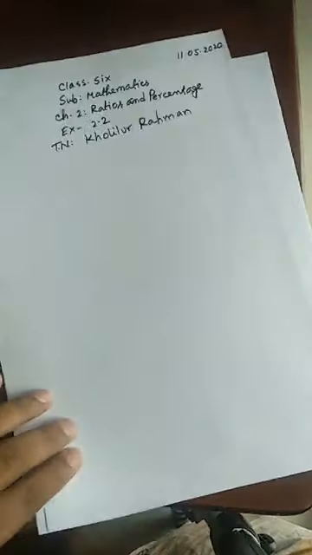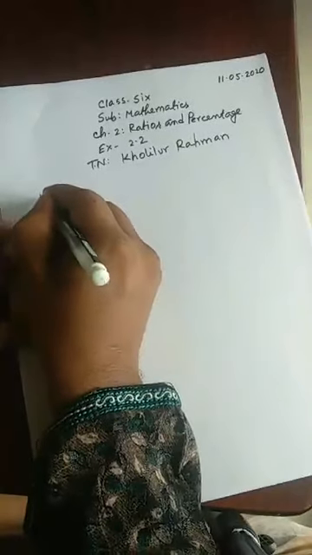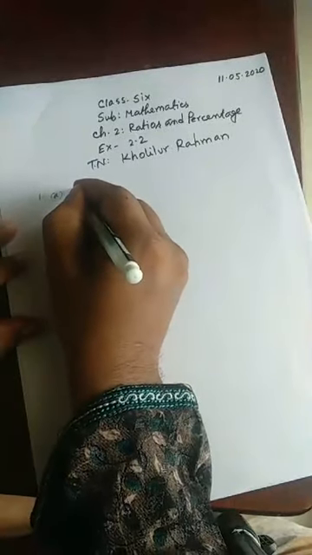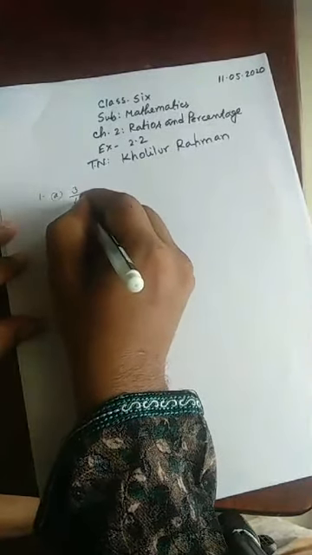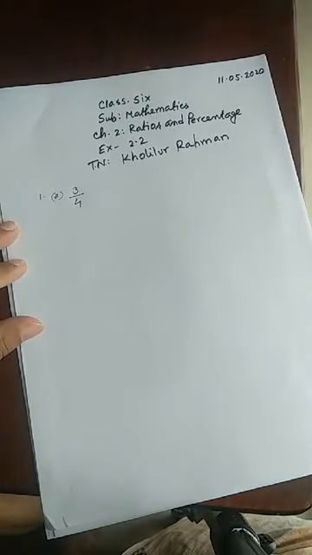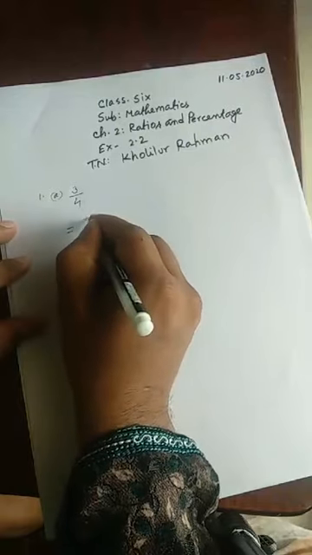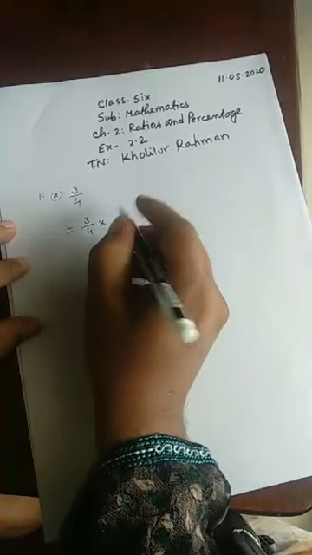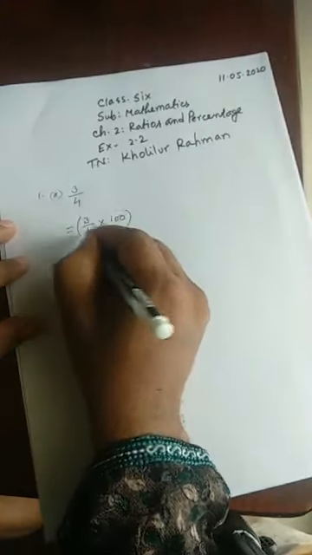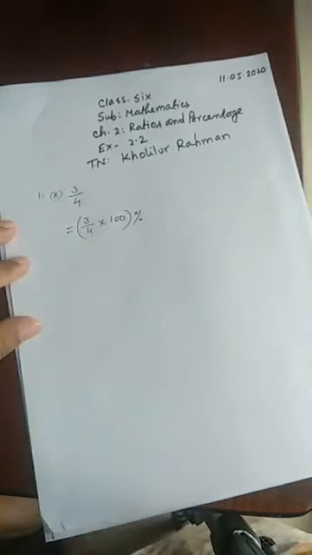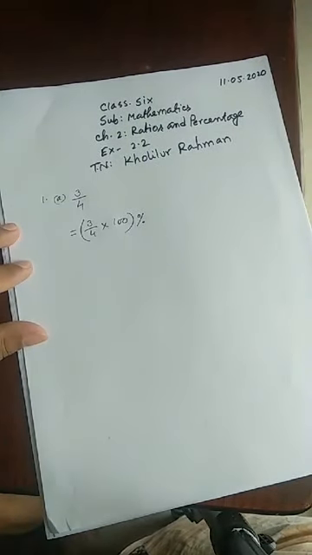Number 1A, 3 by 4. One way is you have to multiply by 100 and put a percentage sign. 3/4 into 100 and put a percentage sign over there.